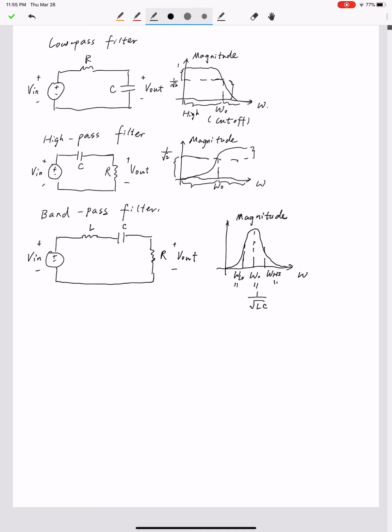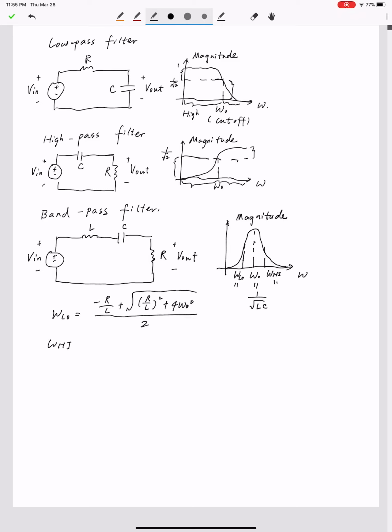We have two expressions to represent these two variables. Omega low can be calculated as minus R over L plus square root of (R over L) squared plus 4 omega 0 squared, divided by 2.